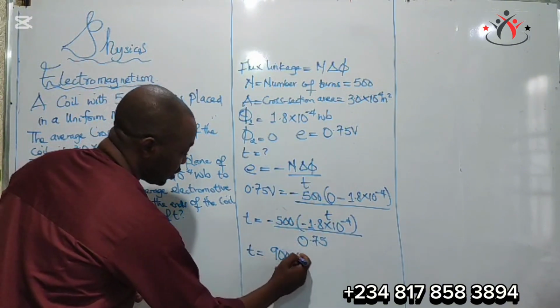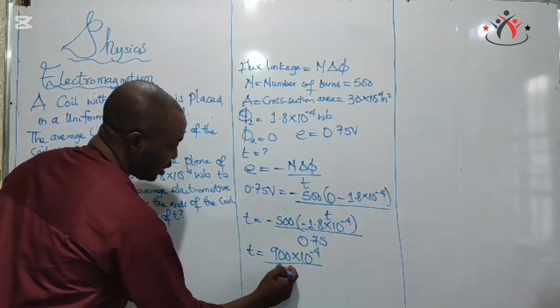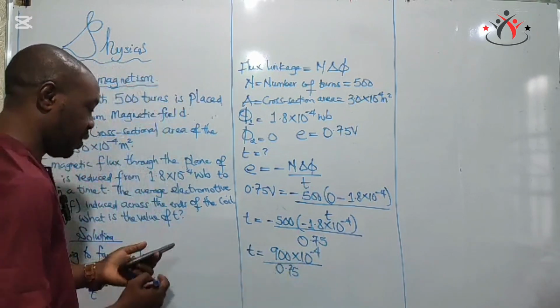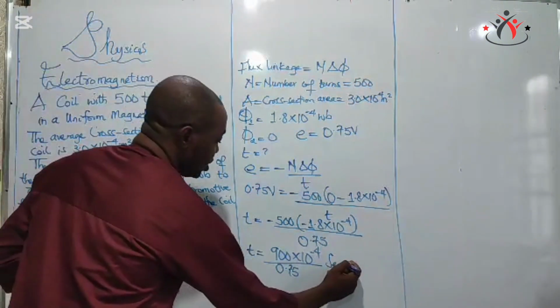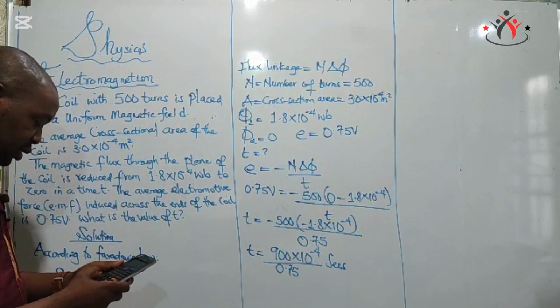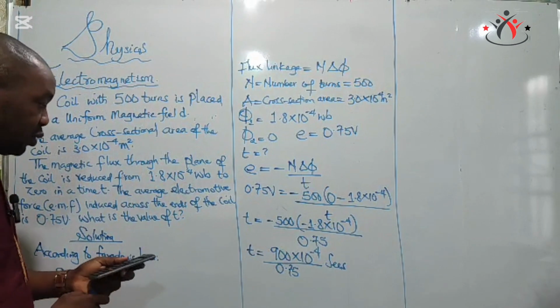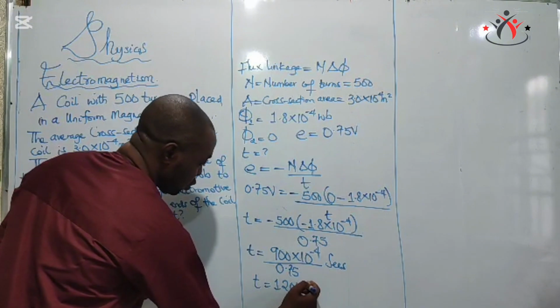So we have 900 multiplied by 10 to the negative 4, divided by 0.75. Remember, the unit of this is seconds. 900 divided by 0.75 is 1,200.